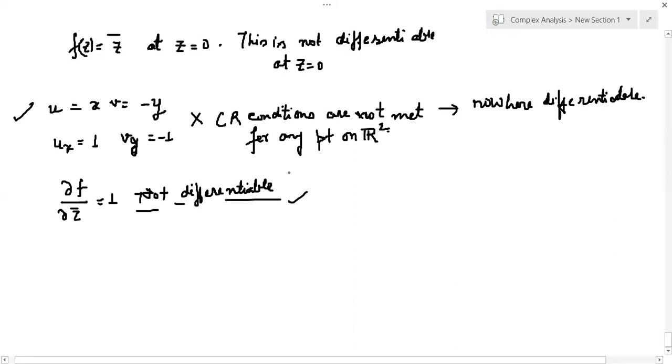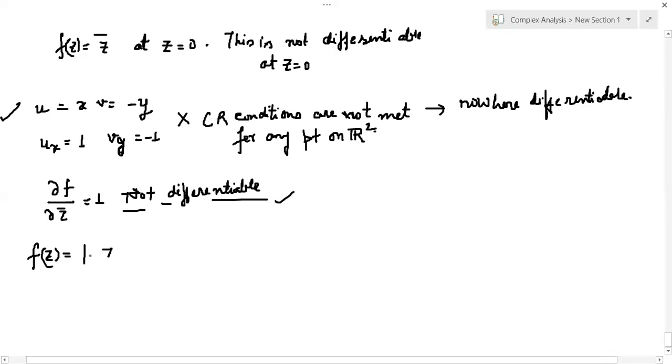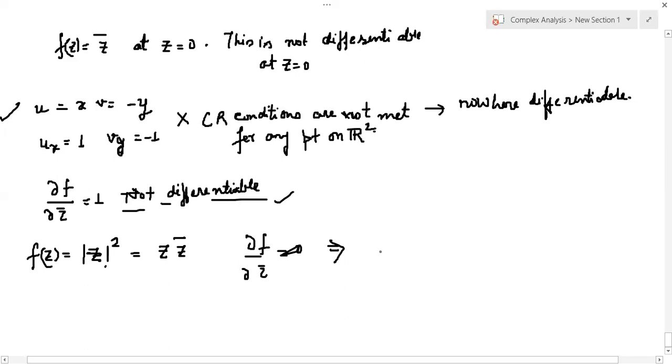Now let us think about a few other things that we did. f(z) is equal to mod z whole square. What do you think about this? It can conveniently be written as z into z bar. Now, if it is differentiable, then del f upon del z bar must be equal to 0, and it implies z must be equal to 0.